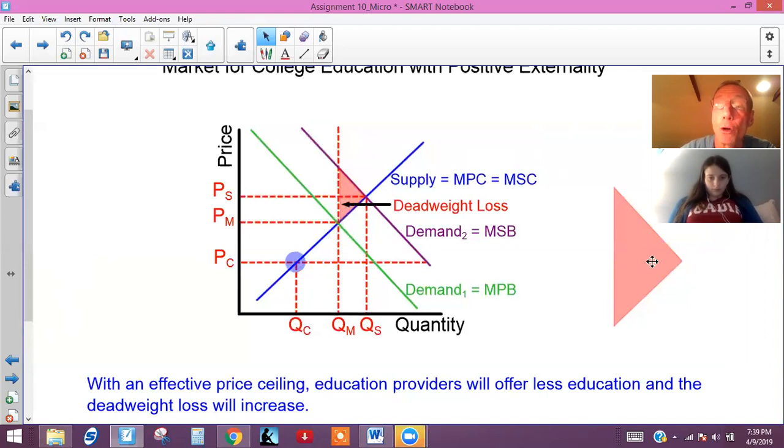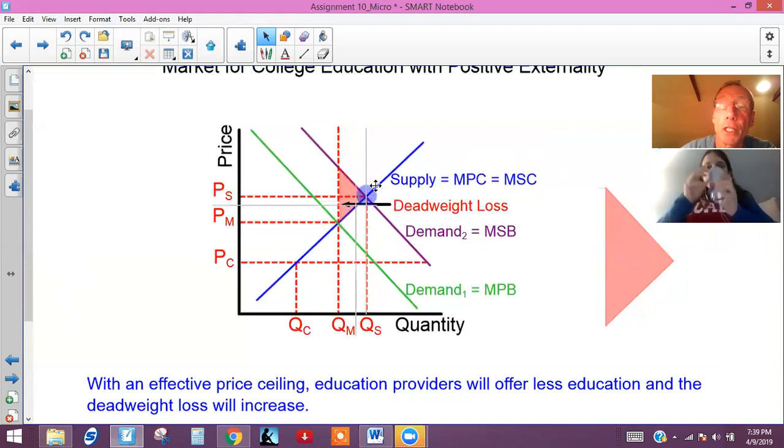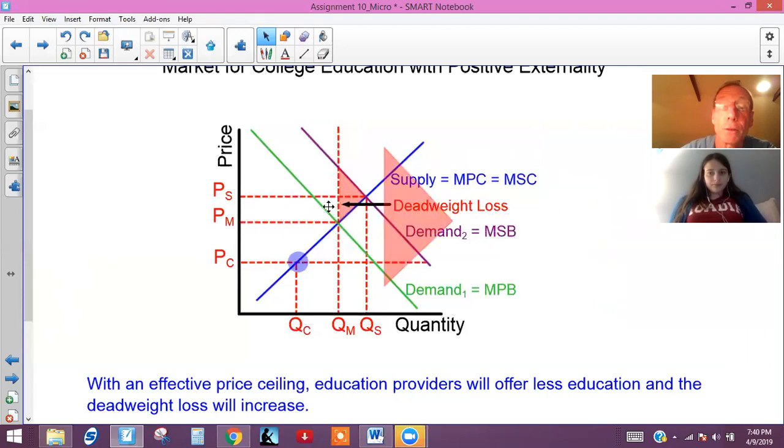So we get farther away from the socially optimum point, which is way out here, where marginal social benefit equals marginal social cost. This is optimum. This is where they're producing in the market, and with the price ceiling, they're going to drop down and produce here, which means the deadweight loss goes up to something like this, right?